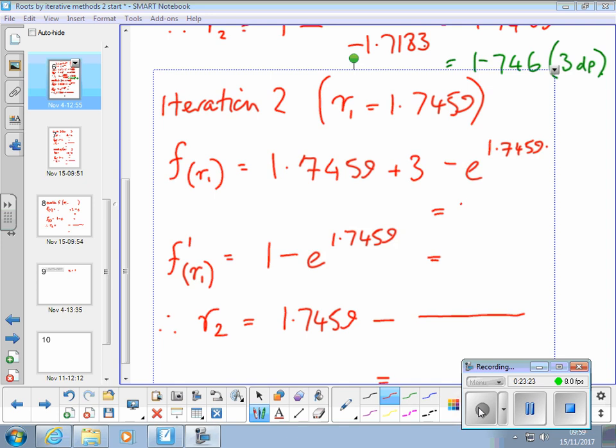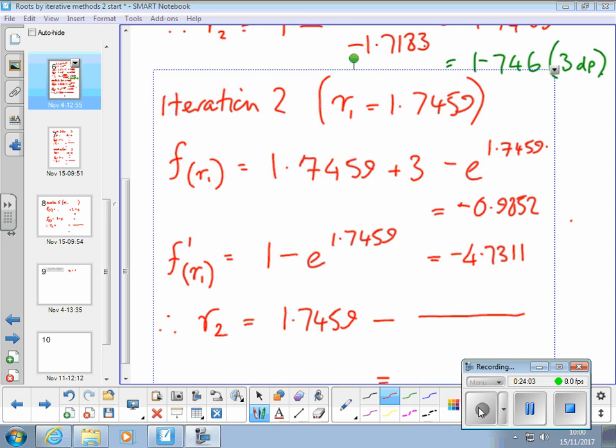7, 4, 5. Minus 0.9852. Value of the differential at that value, minus 4.7311.